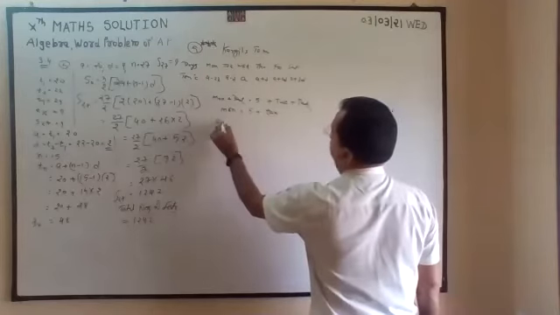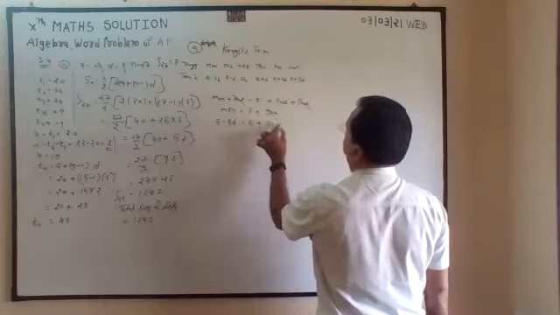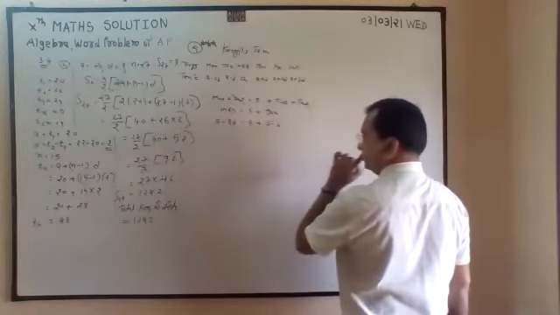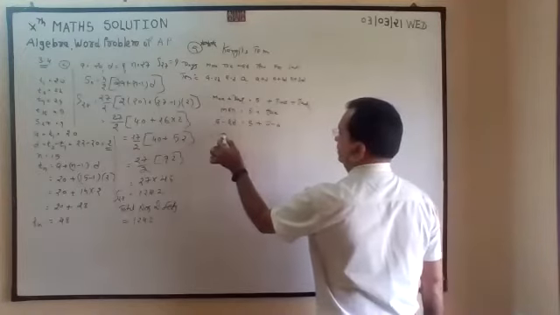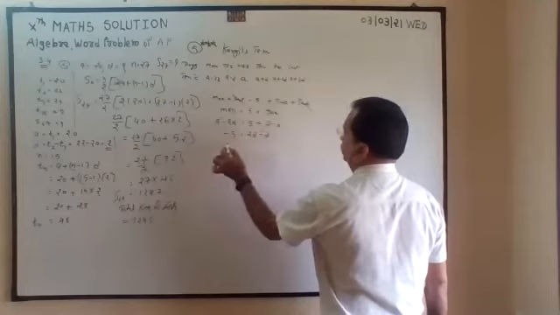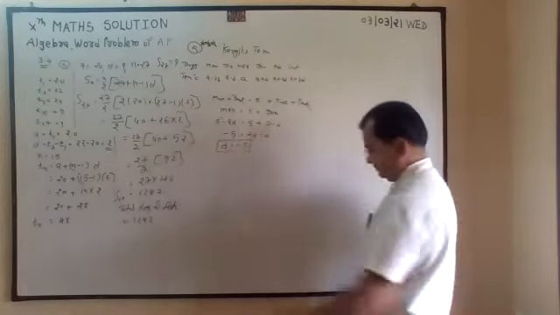Monday temperature is A minus 2D, which is 5 more than Tuesday temperature A minus D. Again A cancels. 5 comes this side, 2D comes this side. So D is equal to minus 5. This is final.